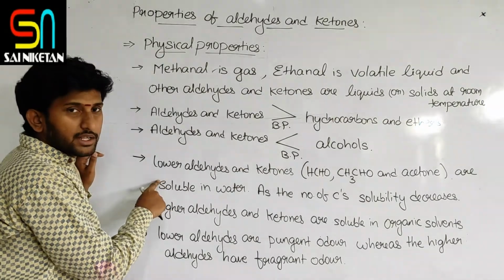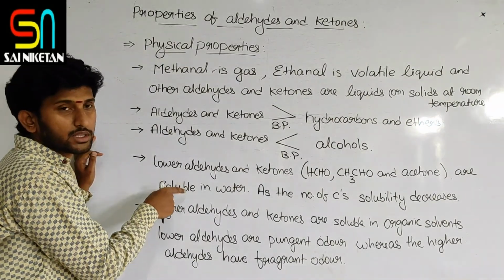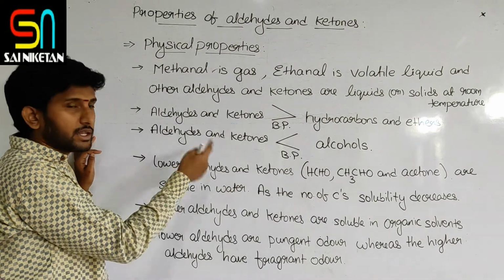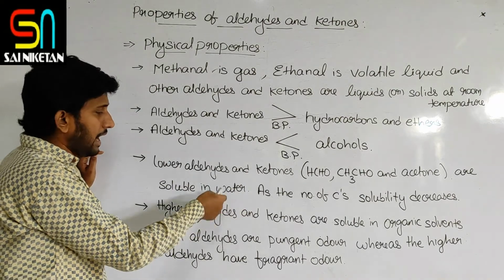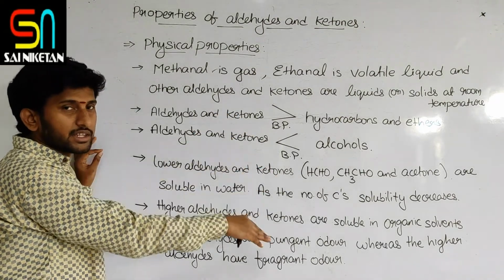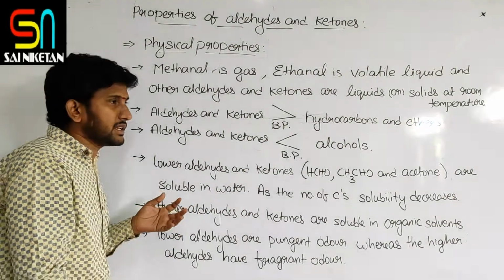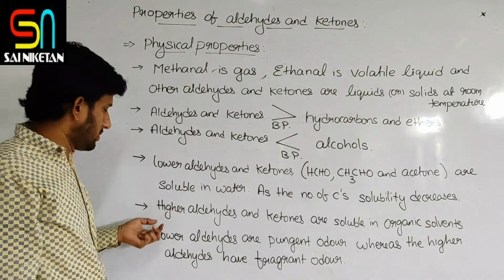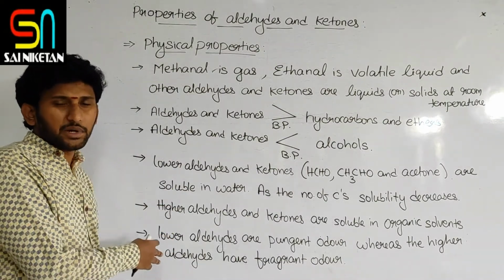There is extensive hydrogen bonding, that's why more boiling point. Coming to the solubility, lower aldehydes and ketones are more soluble in water. Higher ones are soluble in organic solvents. As the carbons increase, alkyl chain increases, solubility decreases in water. And generally these aldehydes and ketones have a characteristic smell, but lower aldehydes have a very pungent odor.